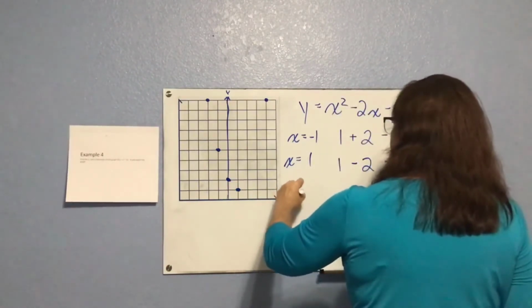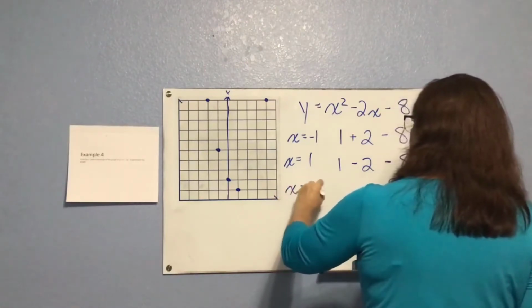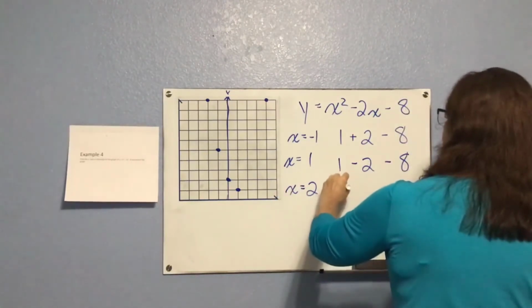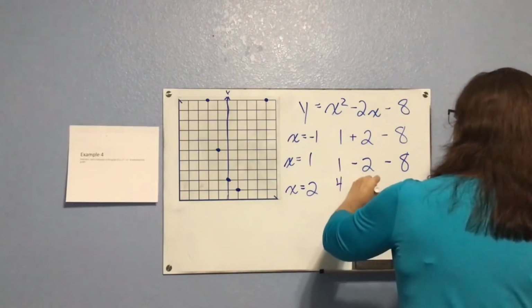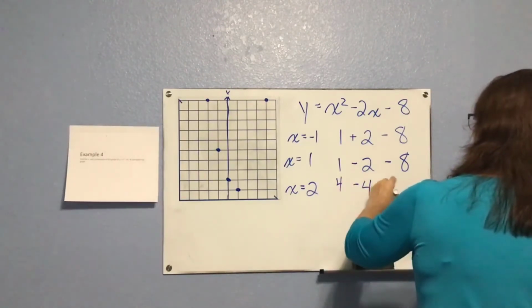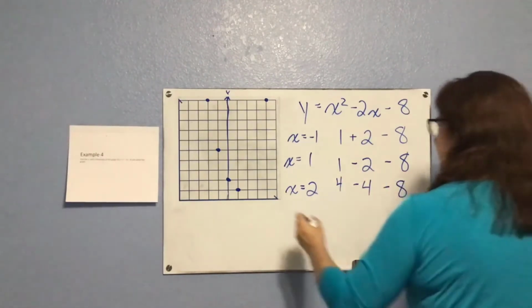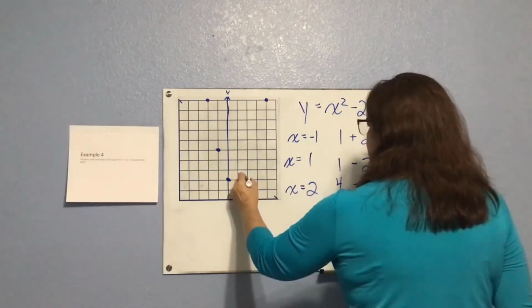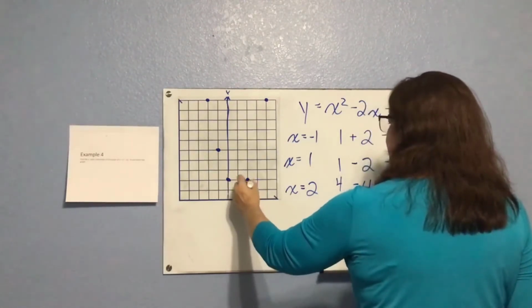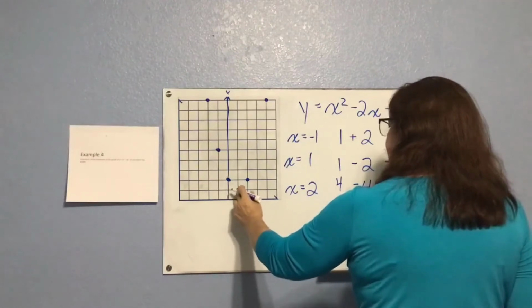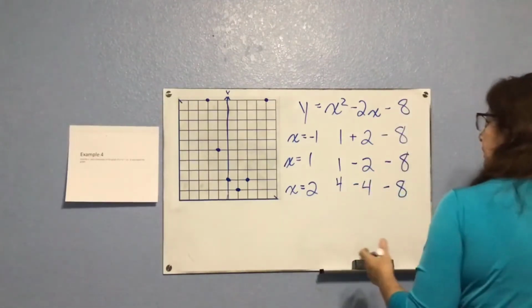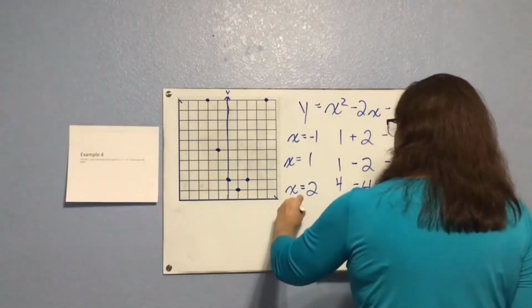If I let x equal 2, I'm going to have 4 minus 4 minus 8. So I'm back to negative 8. I'm seeing that there's a little symmetry here. This is probably the vertex. But I'm going to go ahead and do x equals 3 just to be sure.